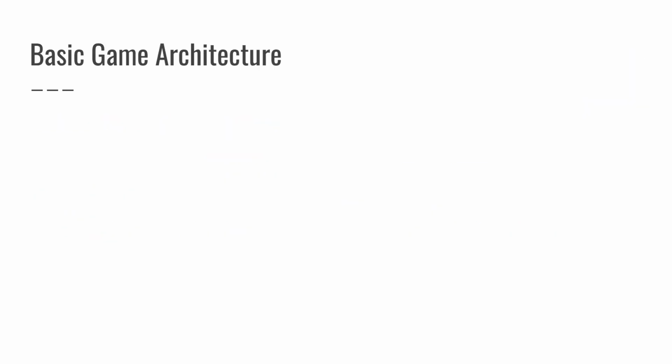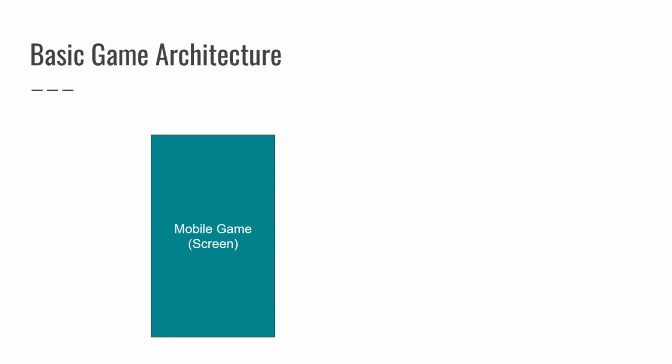Let's take an example of a very famous game like PUBG. Just consider this as a mobile game, basically a screen where the person who is playing is seeing whatever is coming as the final output. When you launch the game, there are some complex functionalities getting executed in the backend which you don't see.